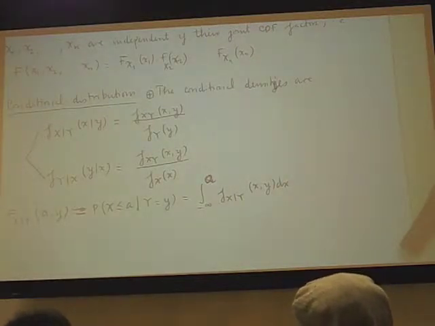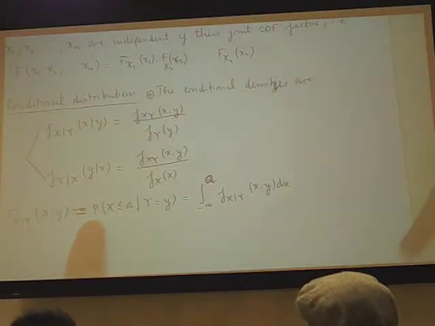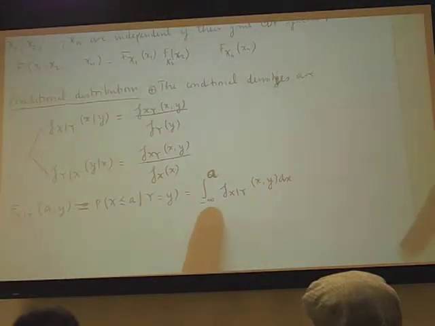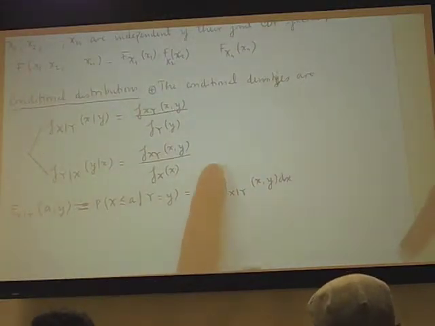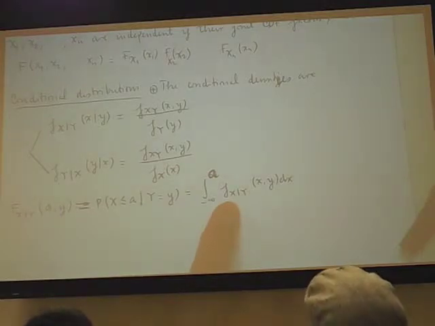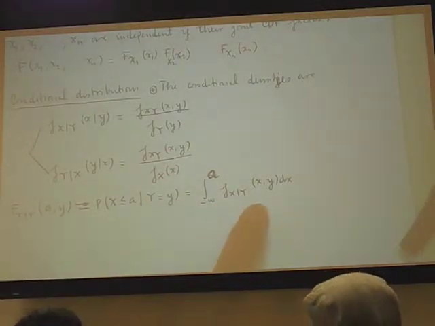Little f of x given y, and capital F of x given y. One way is you can just think of it like the definition right here. This is nothing but the probability of x less than or equal to a, given that the variable y is held constant, equal to y. So that is nothing but the integral from negative infinity to a of the f of x given y right here.